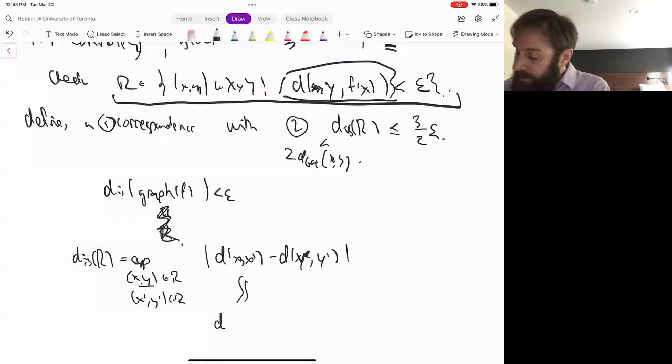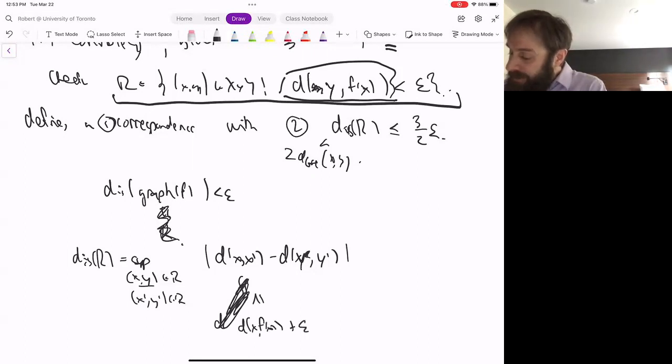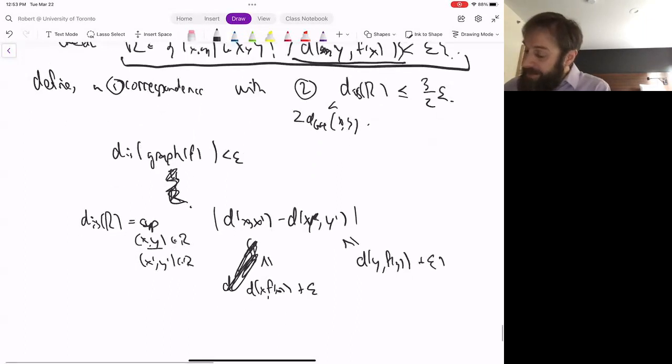For xy to be in the relation, I know that the distance x to f of x is less than epsilon, and for x prime y prime to be in the relation, the distance y to f of y is less than epsilon.